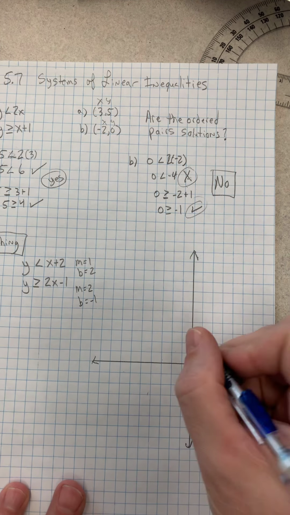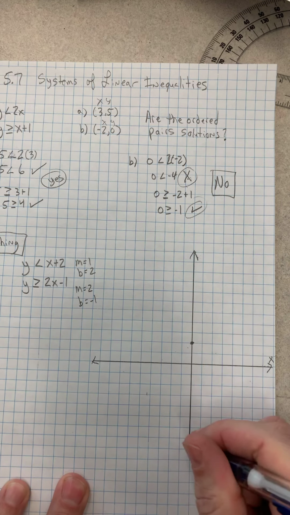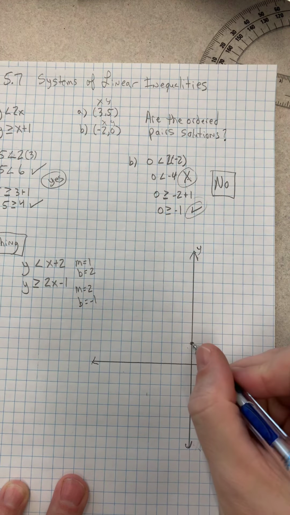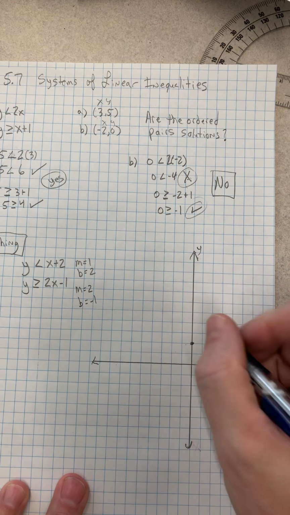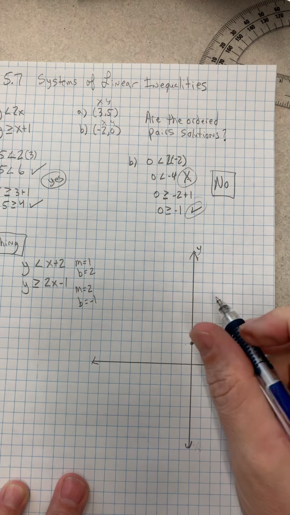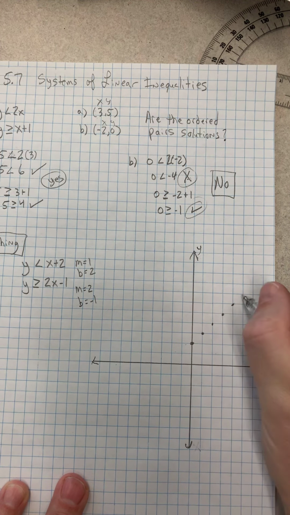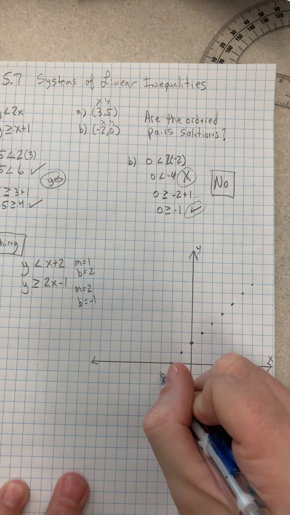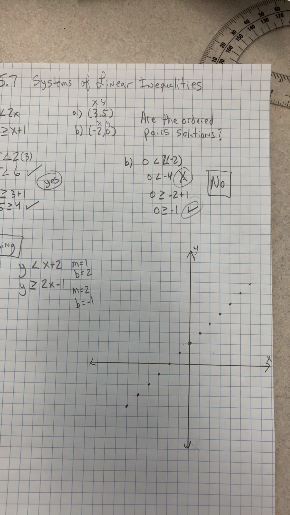I will plot 2 on the y-axis. Slope of +1, that is going to rise. I am going up 1, over 1, and I'm going in both directions to continue this out, and remember, I'm looking for the solution for it.